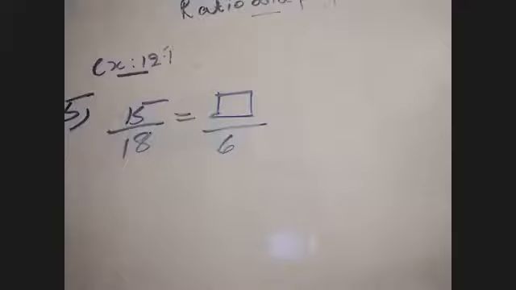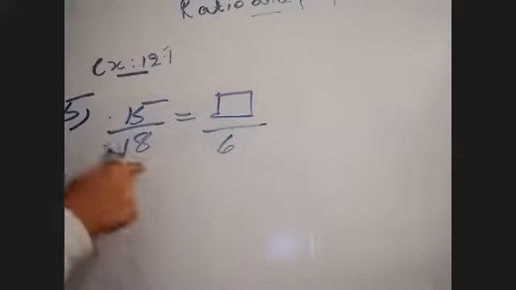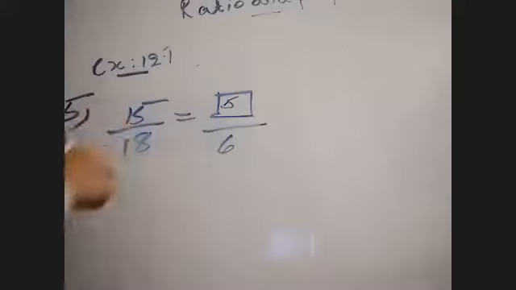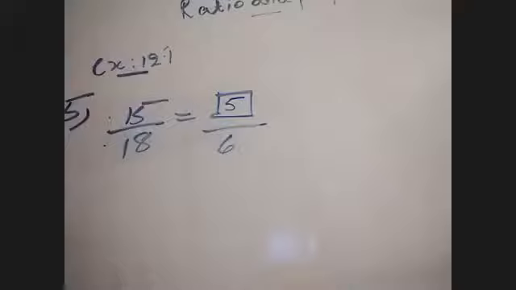If I see these, 18 and 15, these two numbers are completely divisible by 3: 1 plus 8 is 9, 1 plus 5 is 6, and 6 and 9 are divisible by 3. Now if we divide, 3 sixes are 18 and 3 fives are 15. So for the first blank, our answer is 5.